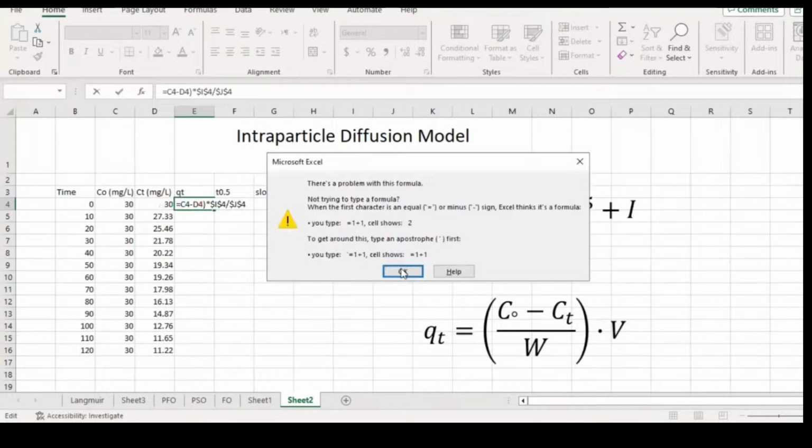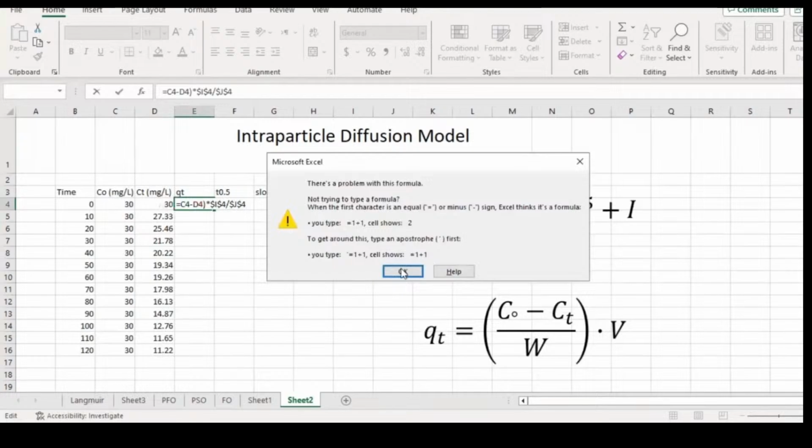Now we will make a graph between t half and qt. We will plot t half and qt. Let's edit this.